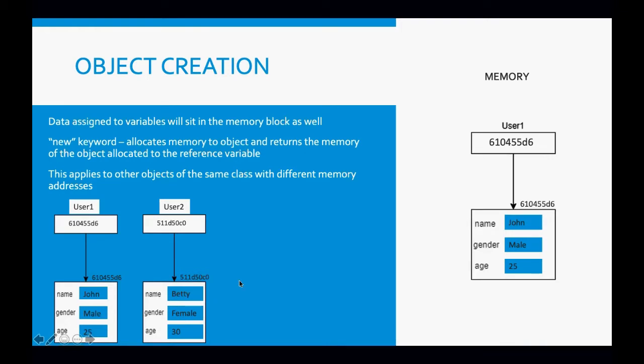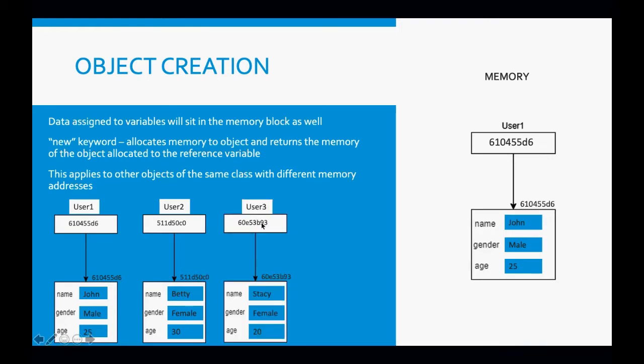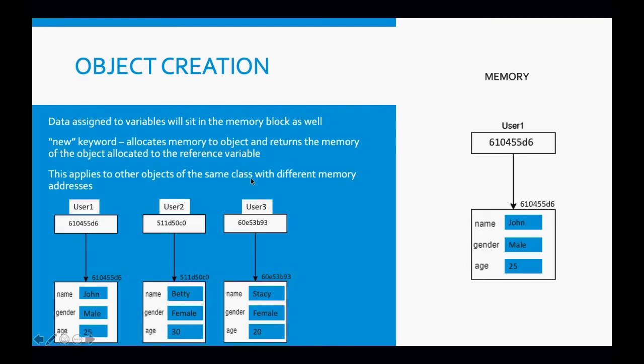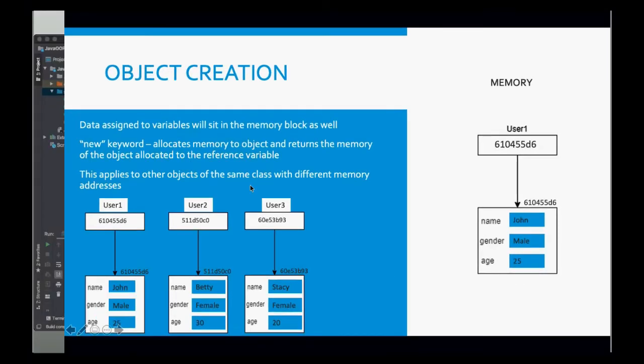And I have another user, Stacy, which has a different memory address, and it matches to Stacy, who is female and is age 20. So for us to define, we'll go to the example now to see how it actually works.